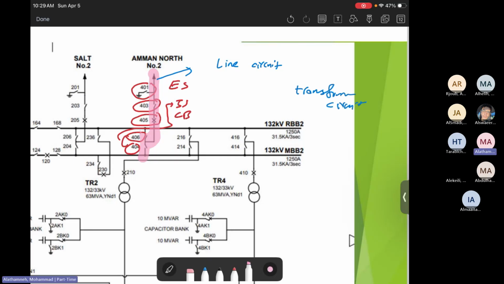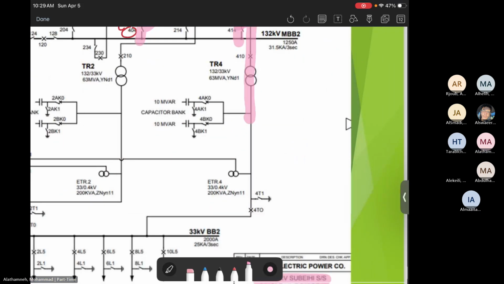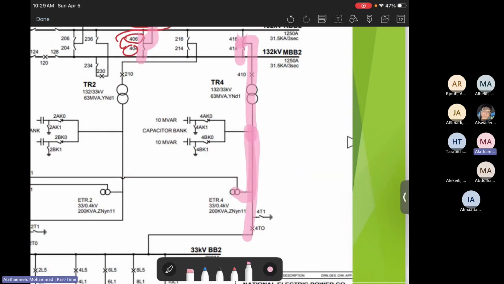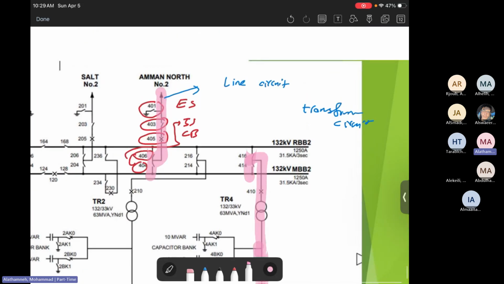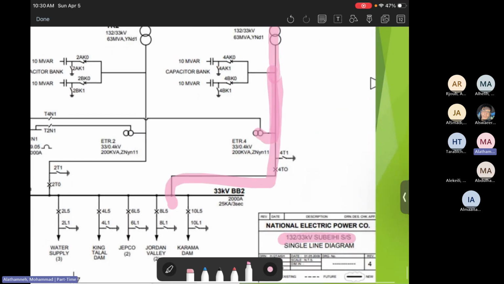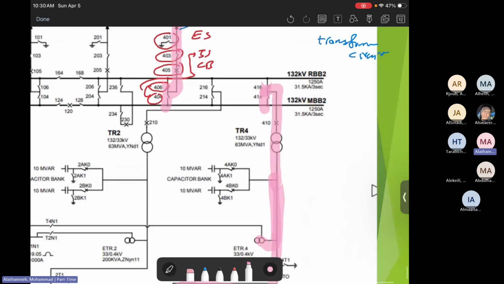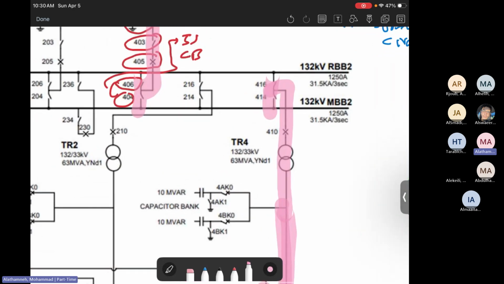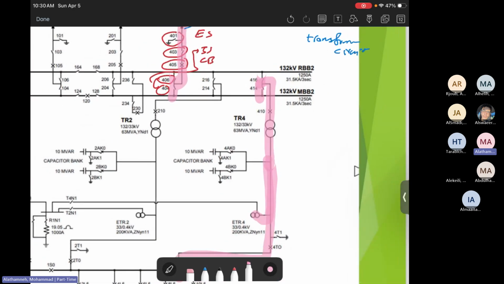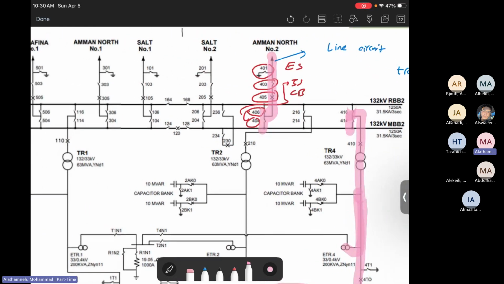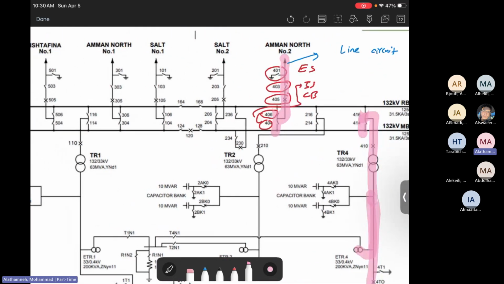The transformer circuit, like this one, is the one associated with the transformer. So again, there is a line circuit associated with the line, like line North Amman, Salt, Sbehi, Shtafena, whatever we have, while the other one, which is called the transformer circuit, is associated with the transformer because there's a step down transformer here. So the line circuit, we already discussed this before, in the previous single line diagram.